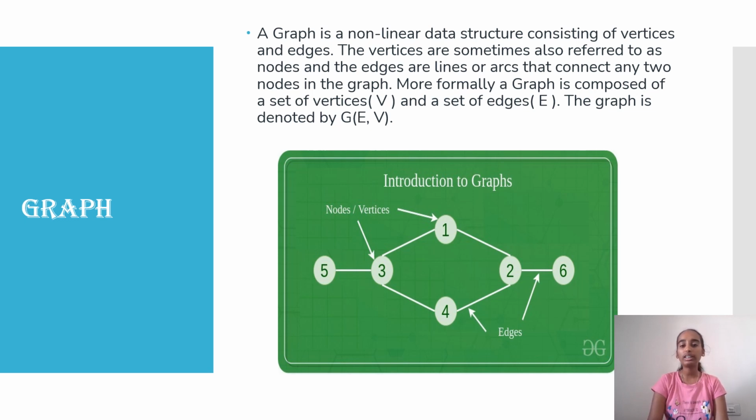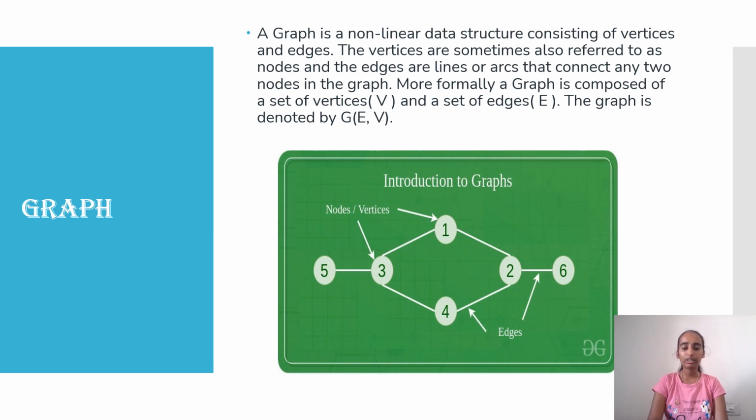A graph is a non-linear data structure consisting of vertices and edges. The vertices are sometimes also referred to as nodes and the edges are lines or arcs that connect any two nodes in the graph. More formally, a graph is composed of a set of vertices V and a set of edges E. The graph is denoted as G(V, E).